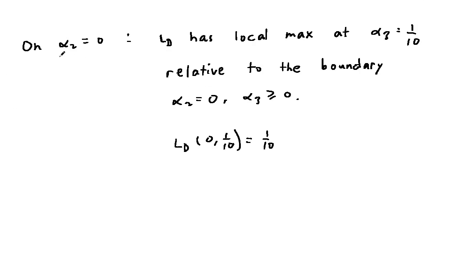On alpha 2 equals 0, L sub D has a local max at alpha 3 equals 1/10 relative to the boundary alpha 2 equals 0 and alpha 3 greater than or equal to 0. The value of L sub D at (0, 1/10) is 1/10.